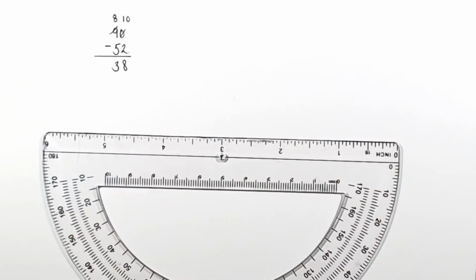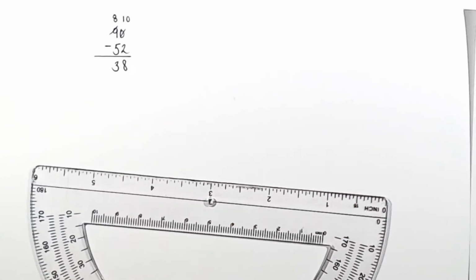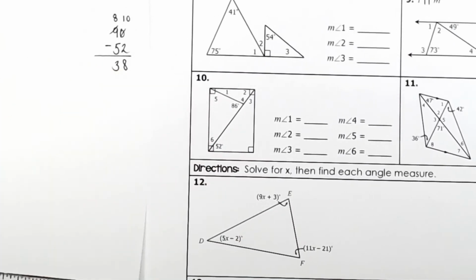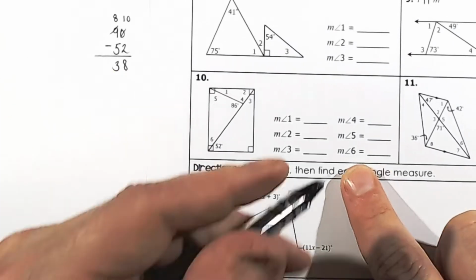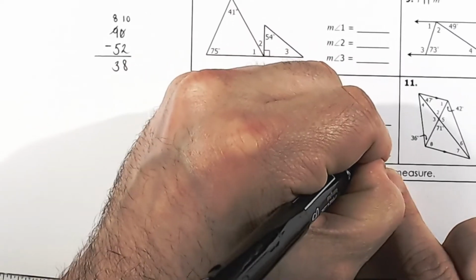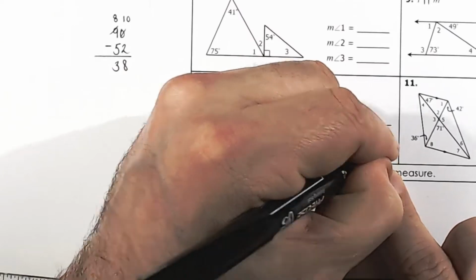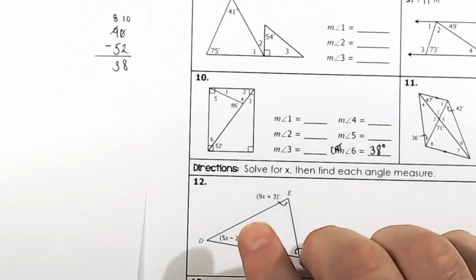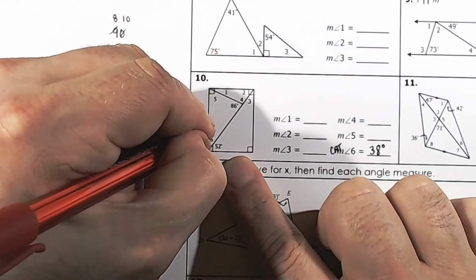So by the complementary angles theorem, angle 6 is 38 degrees. Okay. We now know that angle 6 is 38 degrees.